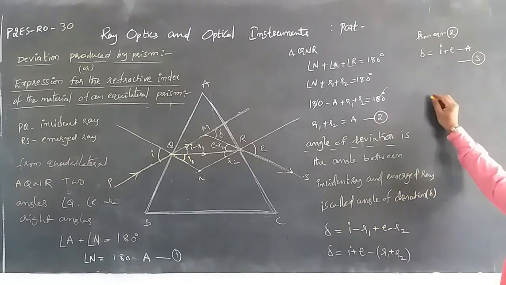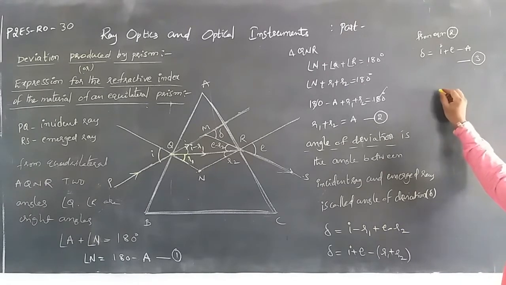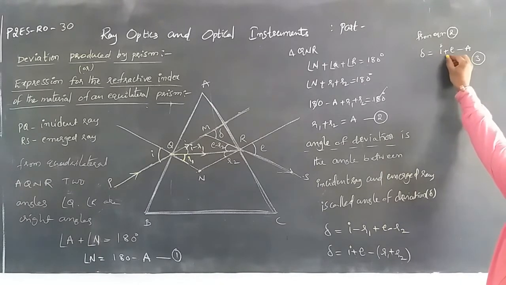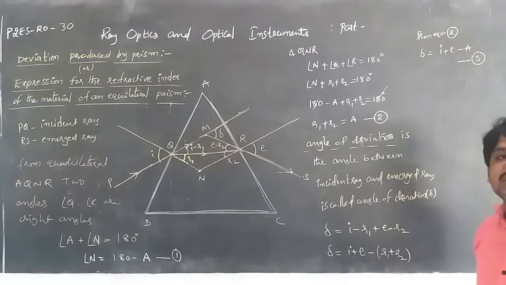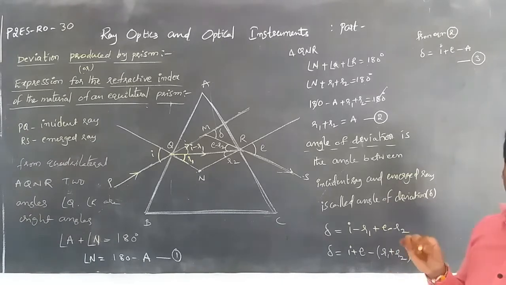We can write that the sum of the angle of incidence and the angle of the emergent ray is equal to the sum of the angle of deviation and the angle of prism.